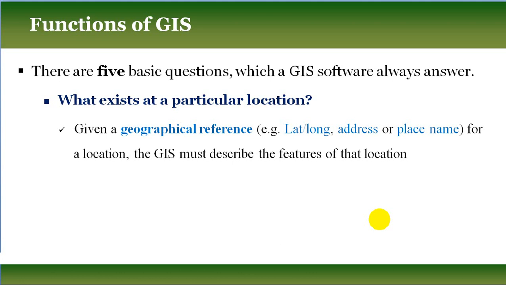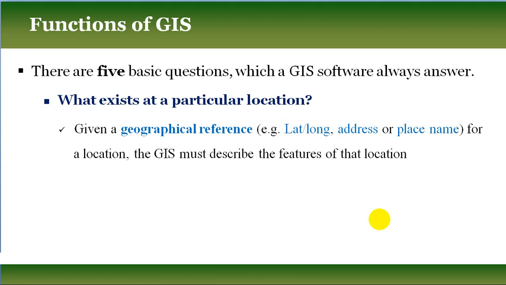For example, what exists at 88° longitude and 23° latitude, or maybe your house address is 20D Baligon Station Road or whatever.